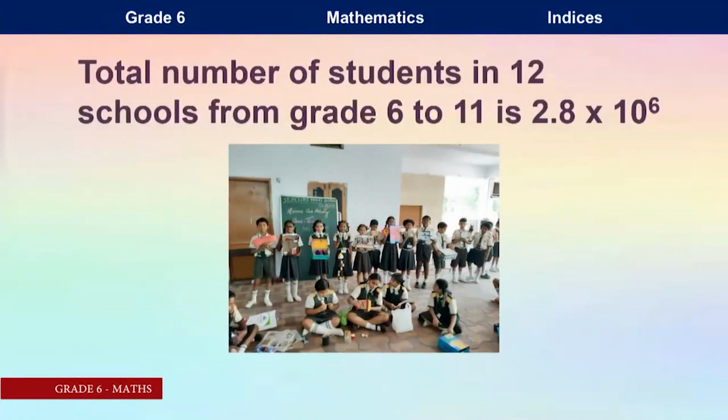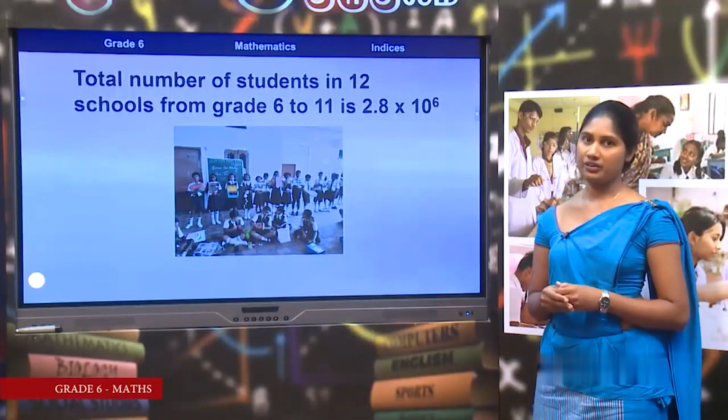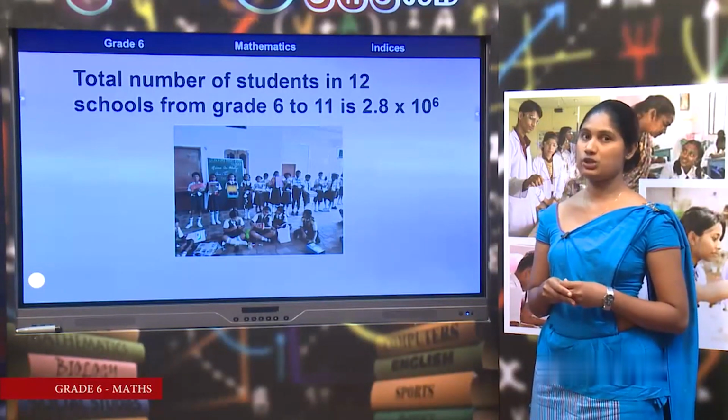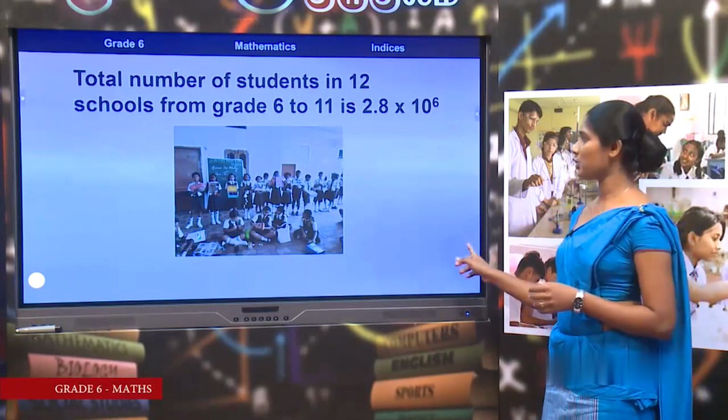Here, the total number of students in schools from grade 6 to 11 is 2.8 into 10 to the power 6. Here, we have learned about index notation 10 to the power 6, we can write it using index notation. That large number we can write using index notation.